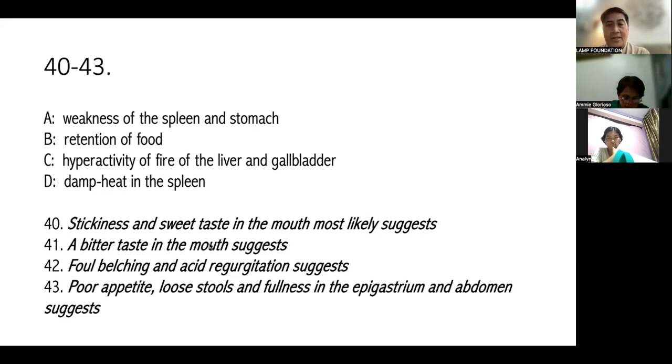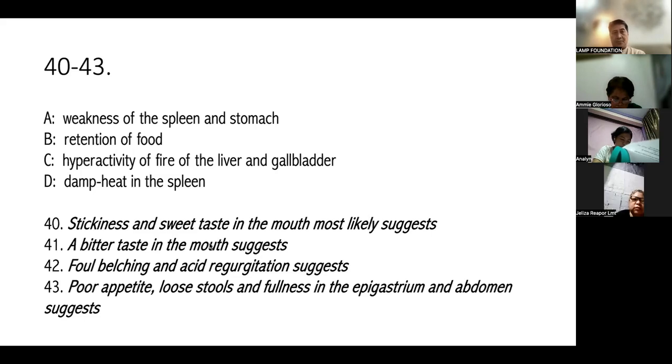So let's continue, Ma'am Lane. Number 41, a bitter taste in the mouth suggests letter C, hyperactivity of fire of the liver and gallbladder. Okay, number 42.